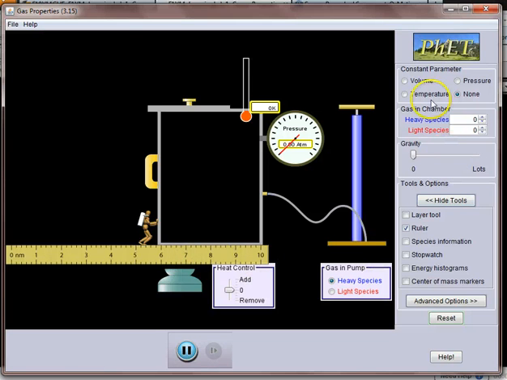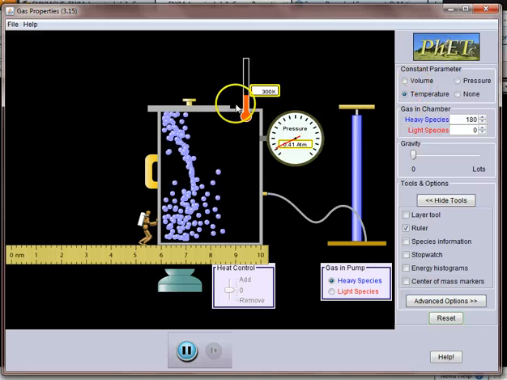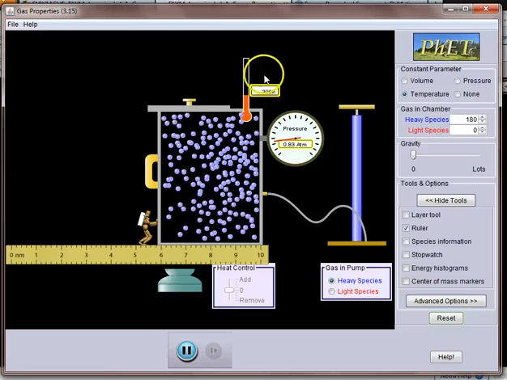Alright, so now we move to constant parameter and change the constant parameter to temperature first. Now we insert 180 heavy particles into the chamber. So we have fixed the temperature at 300 Kelvin.